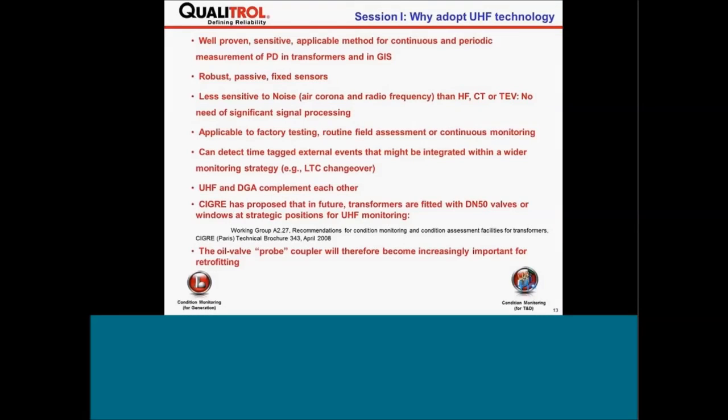The sensors themselves are robust, passive, fixed sensors, and are expected to last the lifetime of the transformer and not require any calibration in that time.